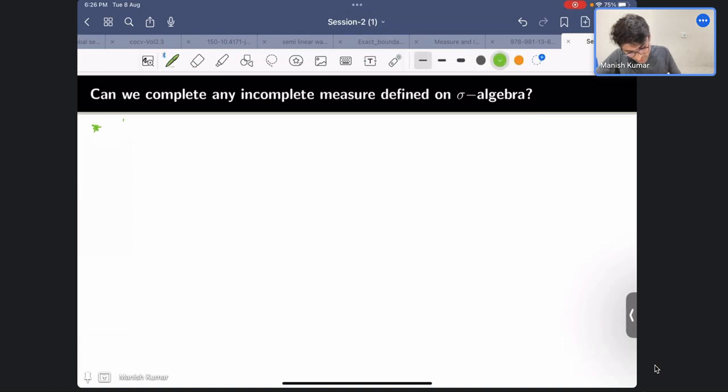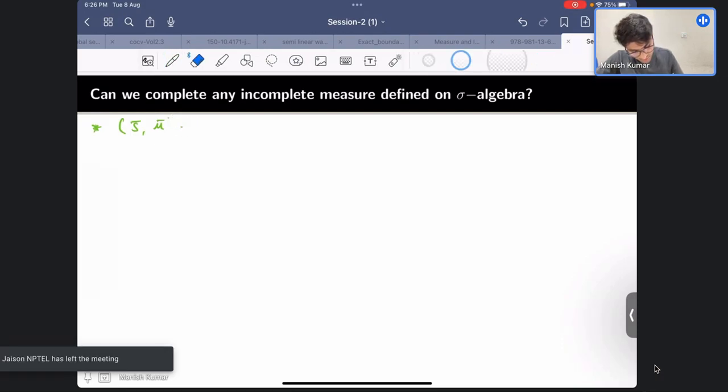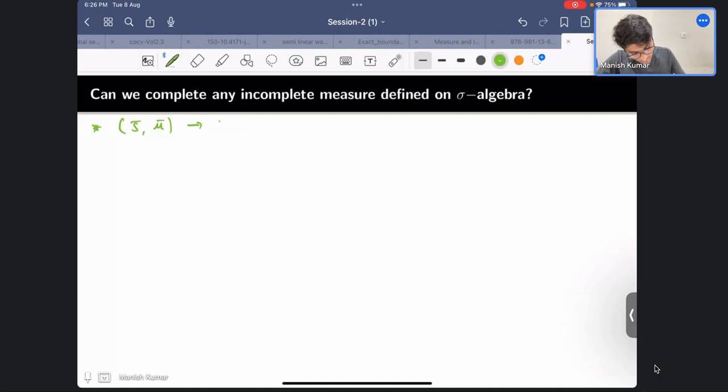I'm just using this notation as I was using earlier to denote that S bar is the domain of mu bar. You can ignore this writing, but what I mean should be clear. So in this case the measure mu bar is complete.